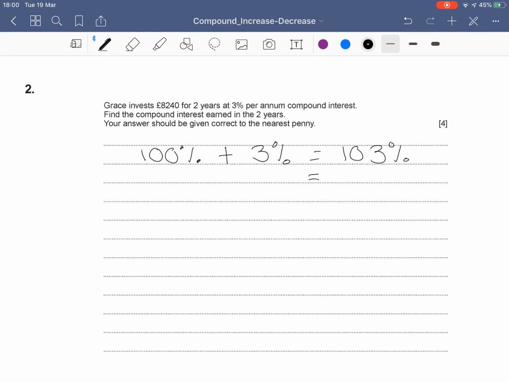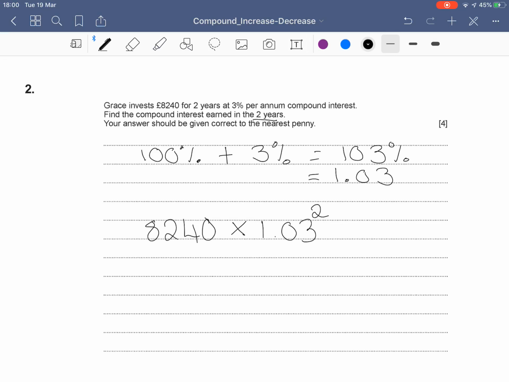So again, as a decimal, because we change them into decimals, a multiplier is just easier. You can leave it as a percentage. So 1.03. So I'm going to take that 8,240 and I'm going to times it by the 1.03, because on my calculator that'll give me the answer where the 3% is added on. And because we're doing it for 2 years, I'm going to do that to the power of 2.